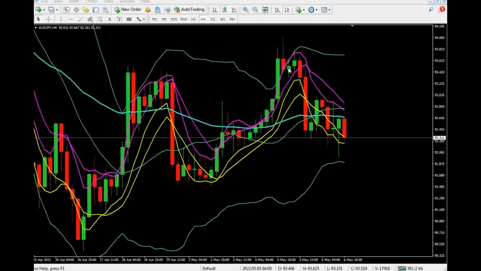But in the next candle, we can see it is clearly playing inside the Bollinger Band. And then the next candle makes a retest candle. Remember, this is the retest area.